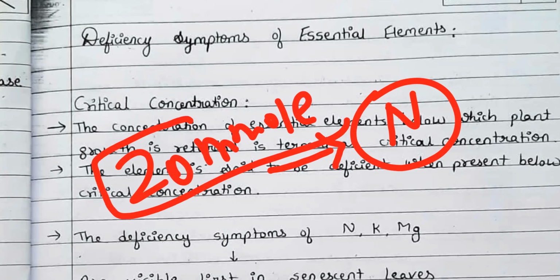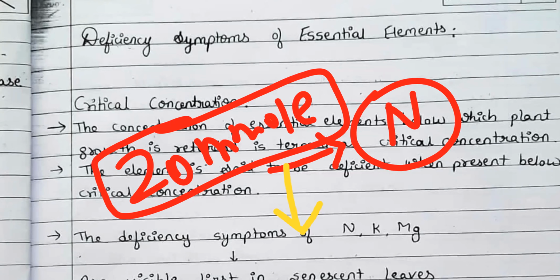But this is the minimum value. If this concentration decreases, then the plant shows deficiency symptoms. Certain morphological changes occur: either the greenish leaf converts into yellow, or yellow color develops around the veins, and different colored spots form on the leaf, even on the stem.